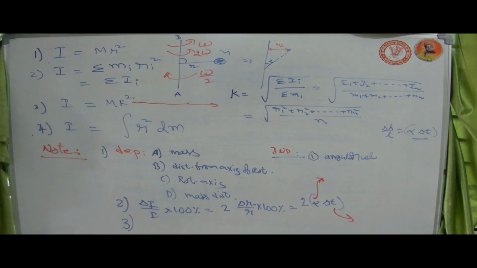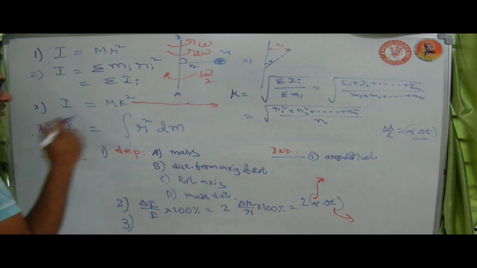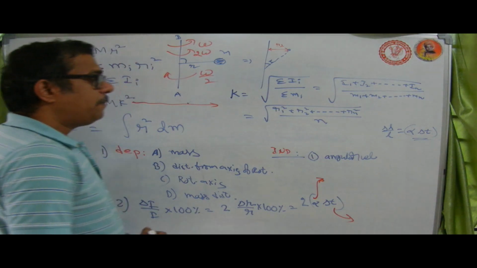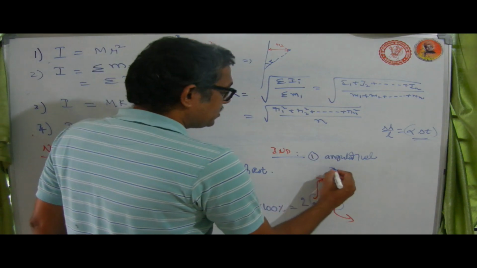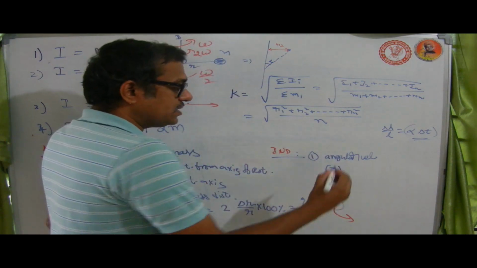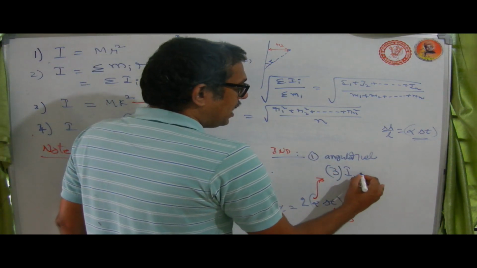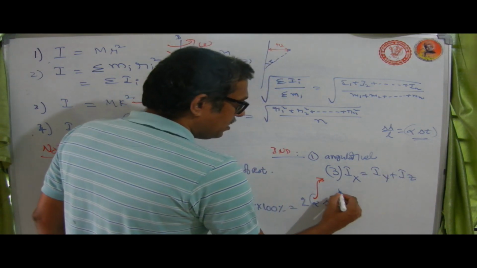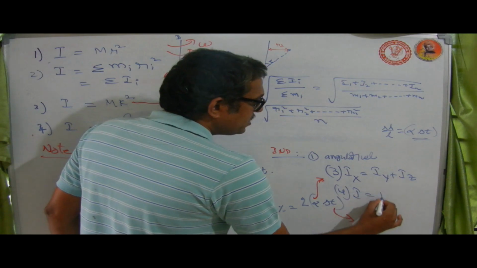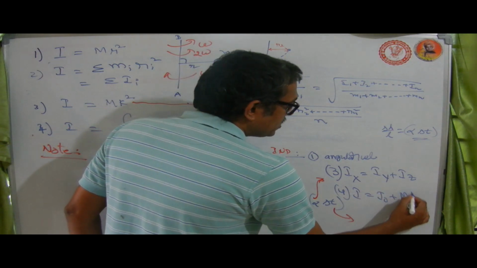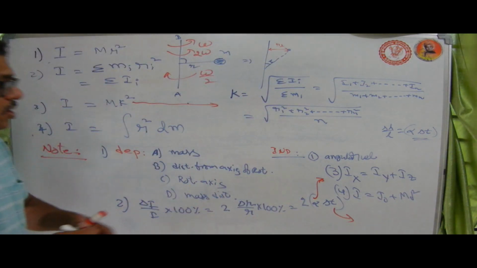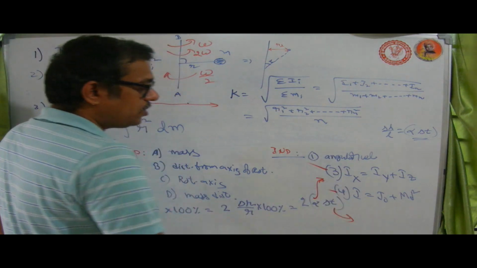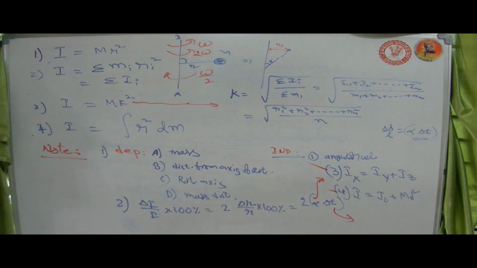Sometimes in the examination it is necessary to use the parallel axis theorem as well as the perpendicular axis theorem. Therefore, the third point is that Iz is equal to Ix plus Iy, and the fourth one is I is equal to I naught plus Md square. The third belongs to the perpendicular axis theorem and the fourth belongs to the parallel axis theorem.